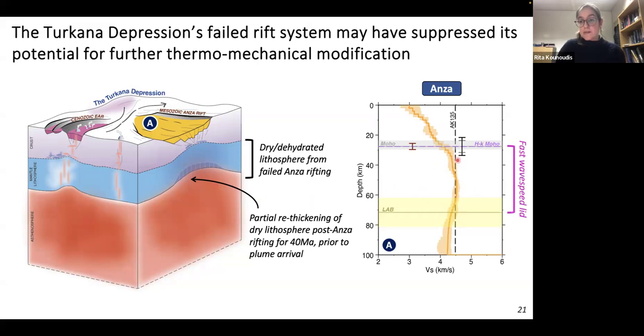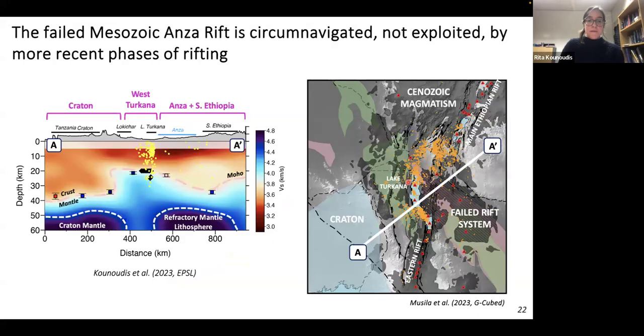And that's what we see in our wave speeds. We see wave speeds that are persistently fast below the Anza rift. So as well as resisting further thermal and magmatic modification, the failed rift system actually looks to have avoided any subsequent rifting that developed in the Cenozoic.